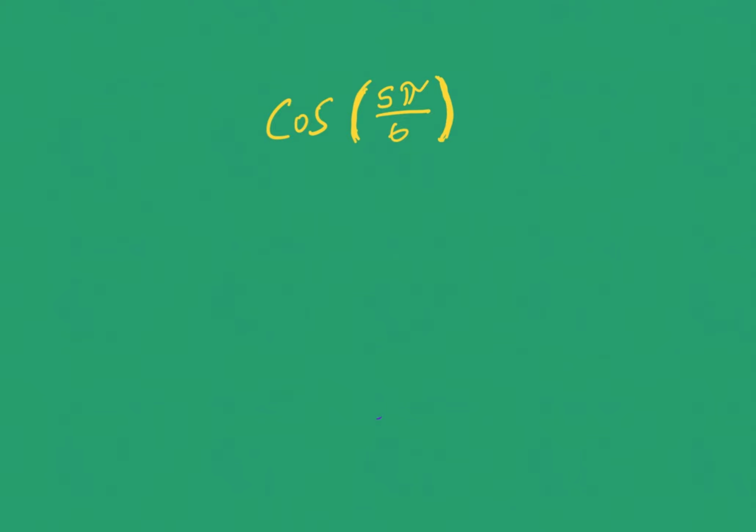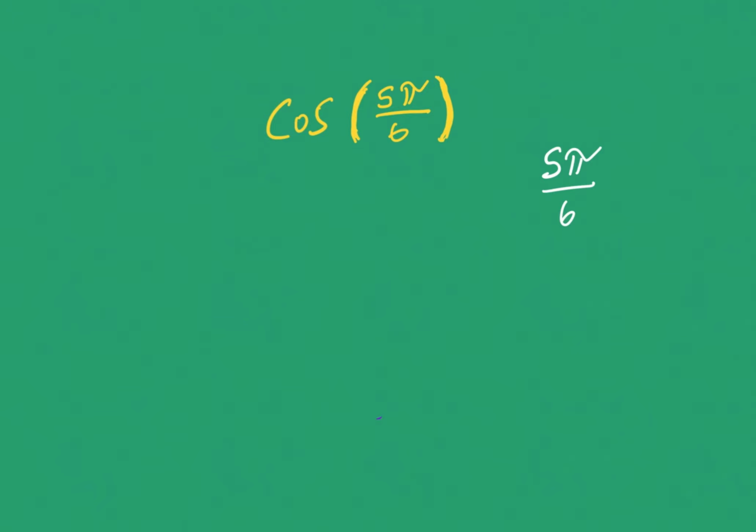Probably not. But my suggestion to you, and the easiest way to do this, and there's other ways you can do this, but the way I like to say is, let's change this 5 pi over 6 into degrees, because we know where degrees go.